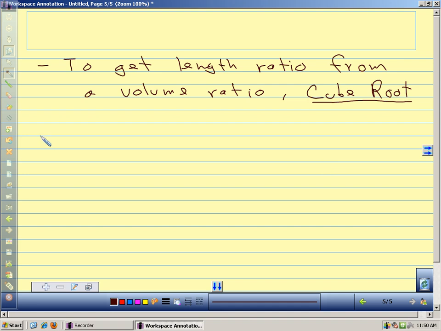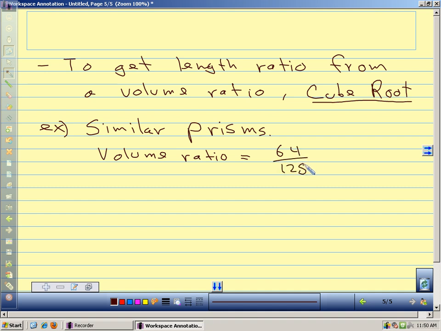So let's look at an example of going this direction. We have similar prisms, and their volume ratio is 64 over 125. We want the ratio of the base perimeters.